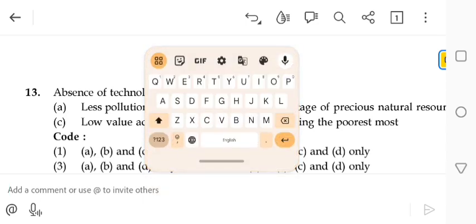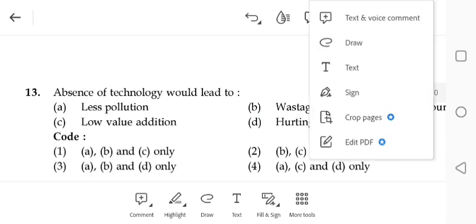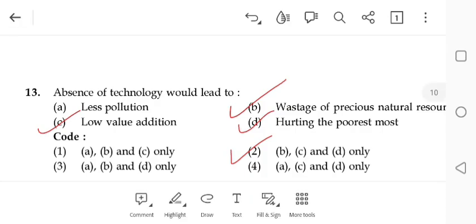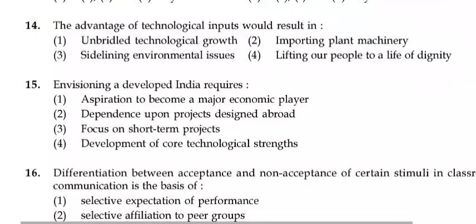Then wait, I might have chosen the wrong option. Okay, so first what have I said? Yes, BCD. B will come first, wastage of precious natural resources, then C, low value addition, and then D, hurting the poorest most. This is finished.